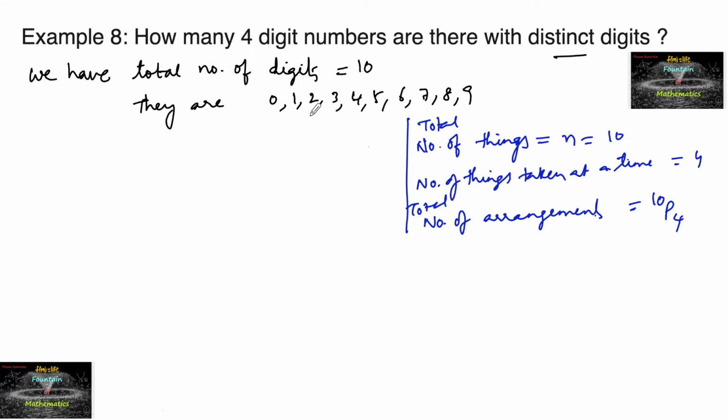But in this case we should remember there is a digit 0, and any number which starts with a 0 will not be considered. Which means, suppose I write here 0, 2, 8 and 6, we will take this as a 3-digit number.